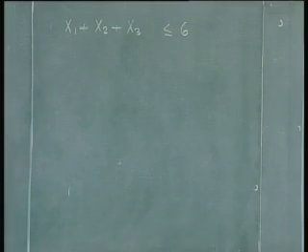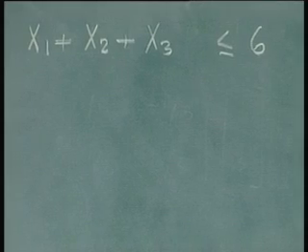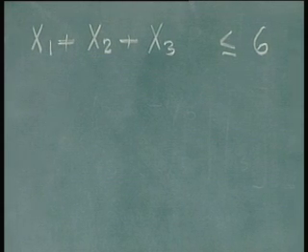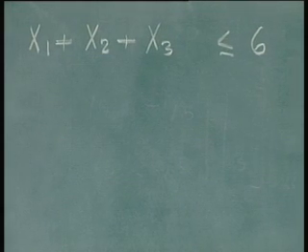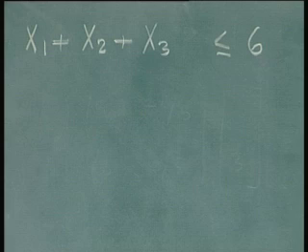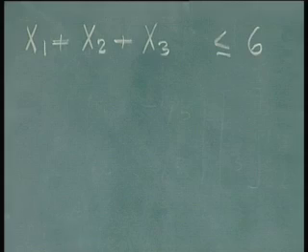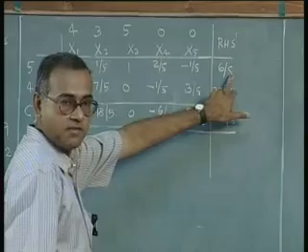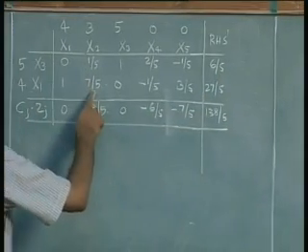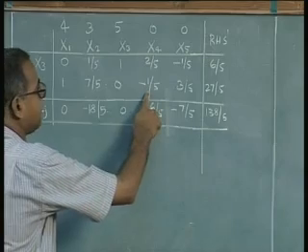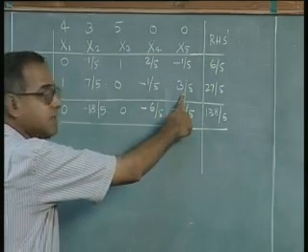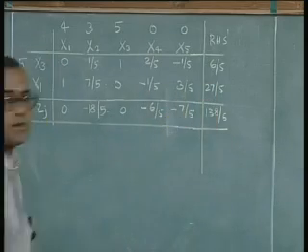Now x1 and x3 are basic variables. So write the basic variables in terms of the non-basic variables. From the table, x3 plus 2 by 5 x4 minus 1 by 5 x5 equal to 6 by 5 and x1 plus 7 by 5 x2 minus 1 by 5 x4 plus 3 by 5 x5 equal to 27 by 5.